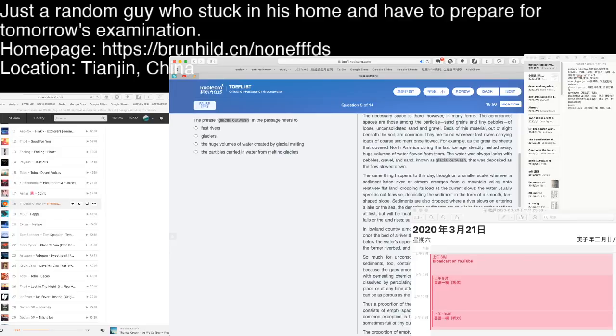I think this whole thing is known as glacial outwash.